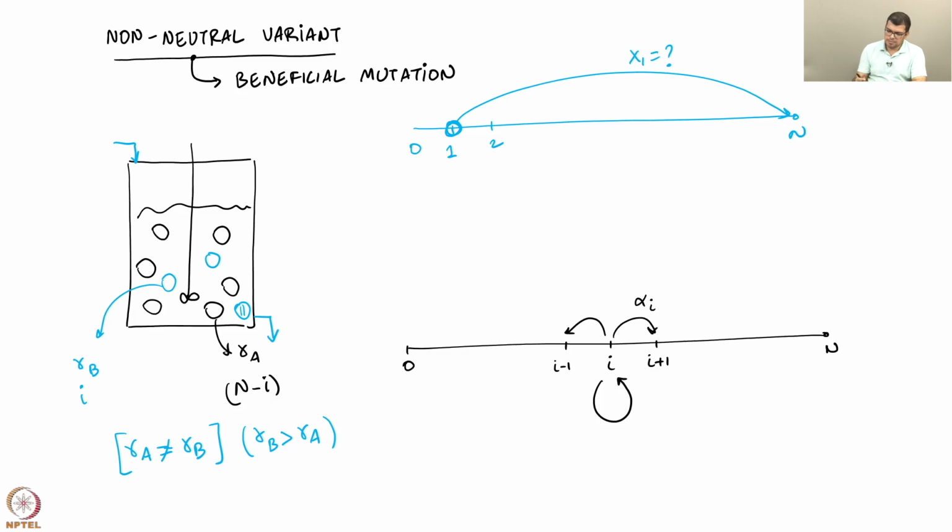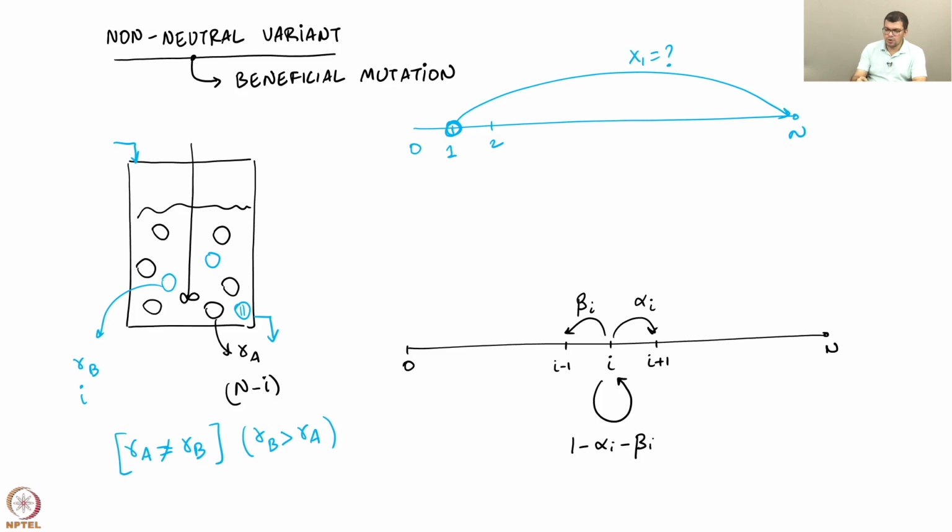Additionally, let the probability of transitioning from i to i minus 1 be equal to beta i, in which case the probability that the system remains at i is simply given by 1 minus alpha i minus beta i, because all these three probabilities summed together have to equal 1, as we have seen before.